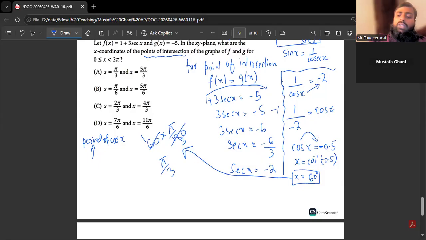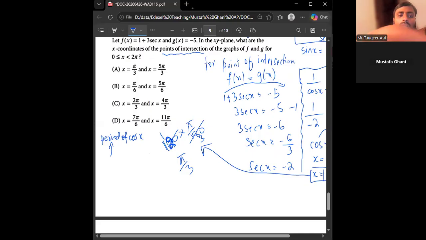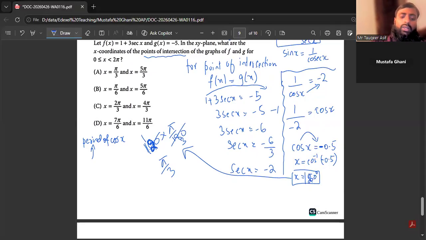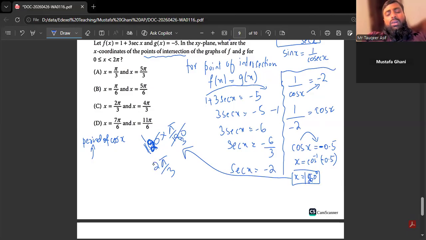120, right? So now 120 divided by this 180, so that's going to be 2/3 pi. So it's C. What answer are you getting? 2/3 pi, that means 2 pi over 3.